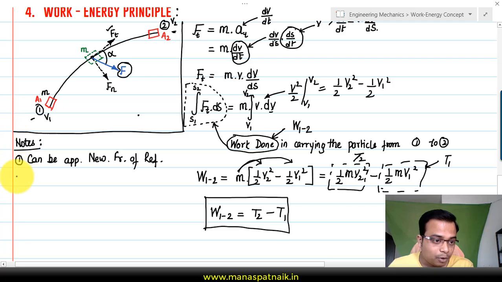So what's the second point? Well, this is pretty interesting. The second point is, let's say initially the velocity was 0, v1 is equal to 0, and finally there was some velocity.